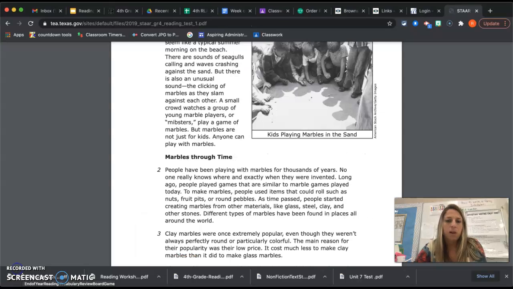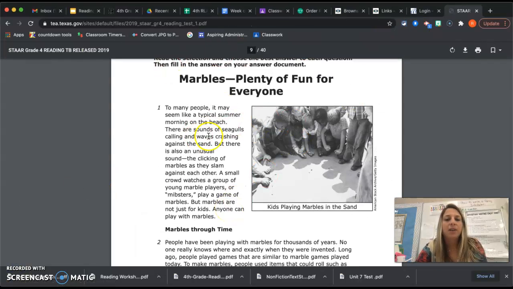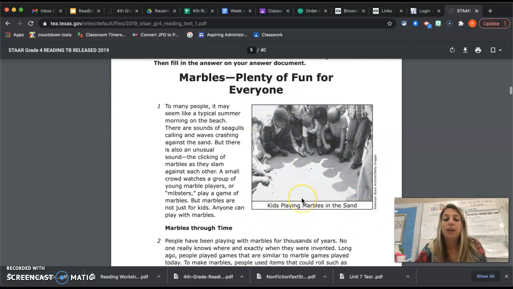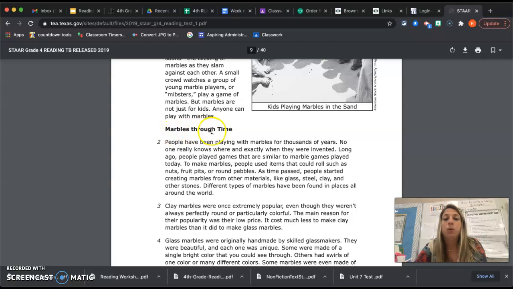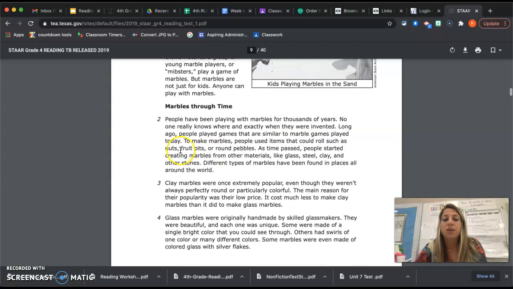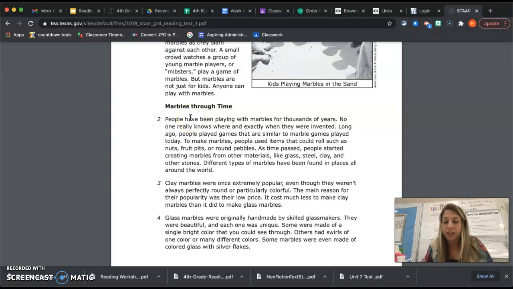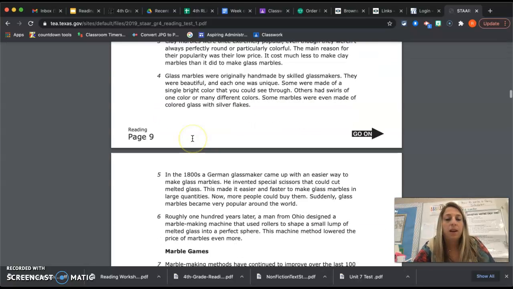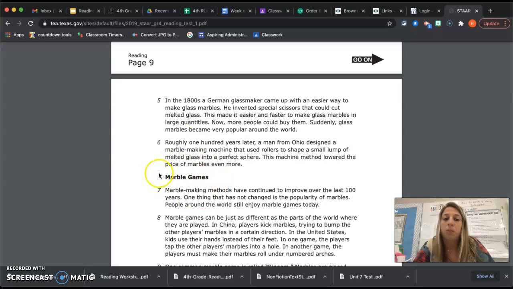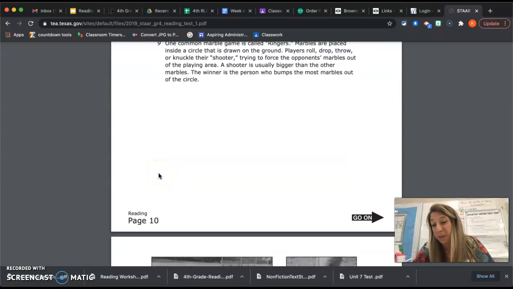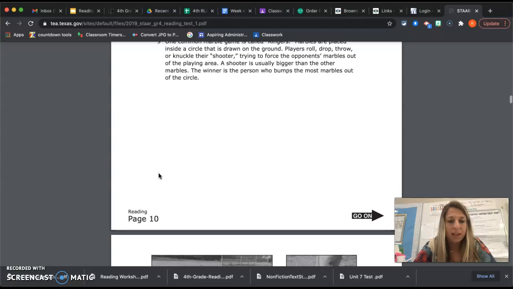Hold tight. Okay, so if we were going to look at this nonfiction story here, we have the title, we have a picture of the kids playing, and it says marbles through time. So I know that this whole section is going to be about marbles during a certain time period. Then we have another heading, marble games. So that section is probably going to be all about marbles and games.